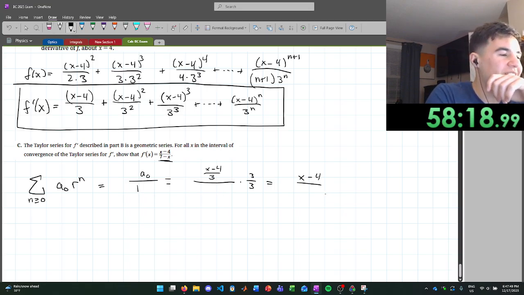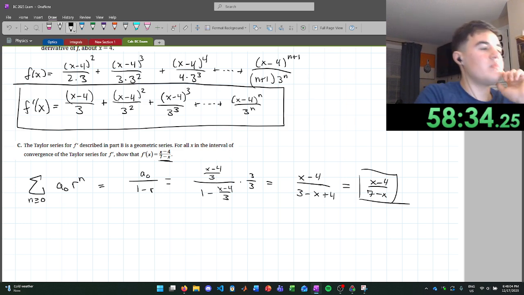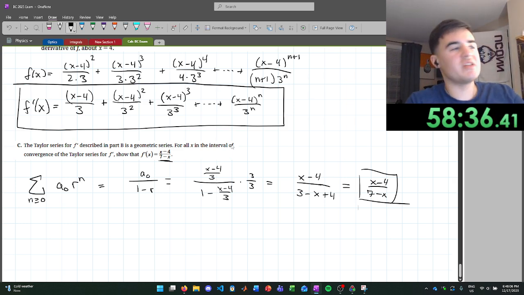It is 1 minus (x minus 4) over 3, which then equals 3 minus x plus 4, which then equals (x minus 4) over (7 minus x). So, use the geometric series identity. Cool.